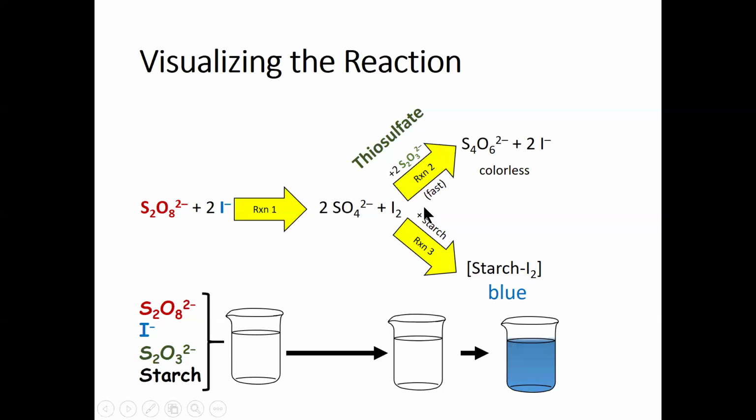So there is a clear stoichiometry relationship: if I know how much thiosulfate got used up, I can turn it into how much iodine was being made. And from reaction one, again, with coefficients, I can turn that into how much persulfate had to be used up in that time period as well. And so from that, we're going to get our first data point for this experiment.